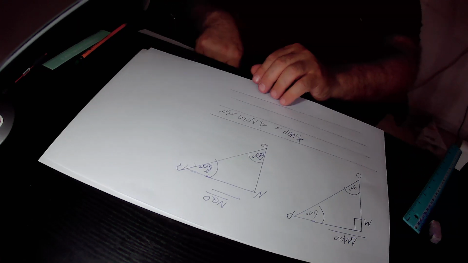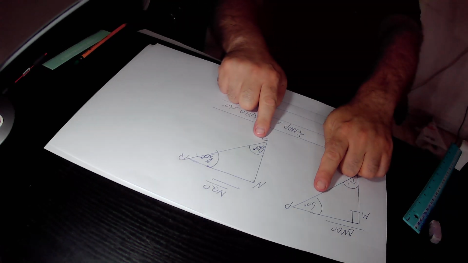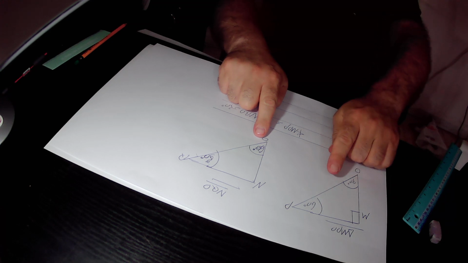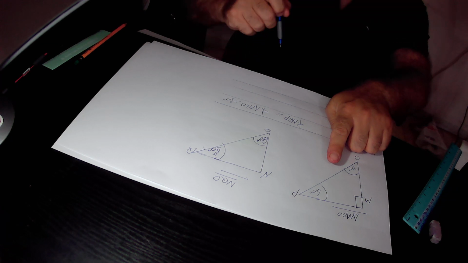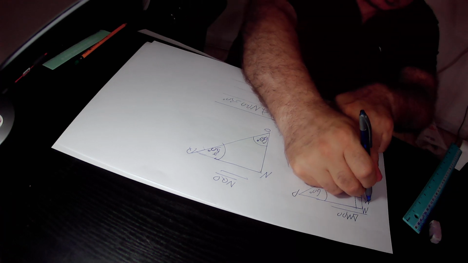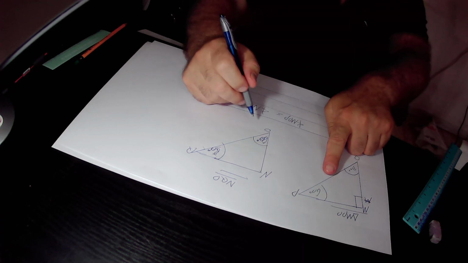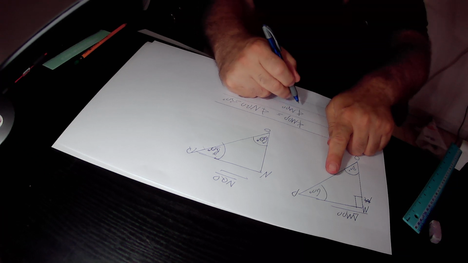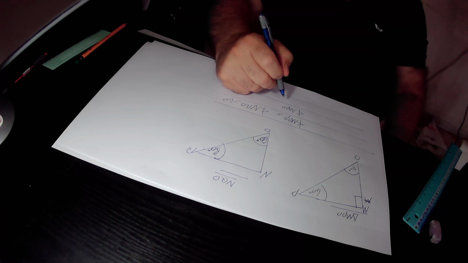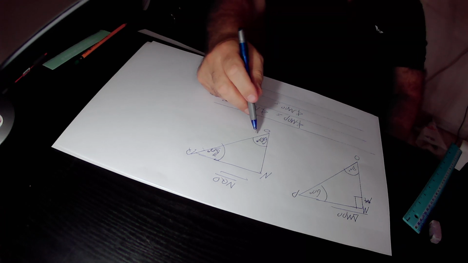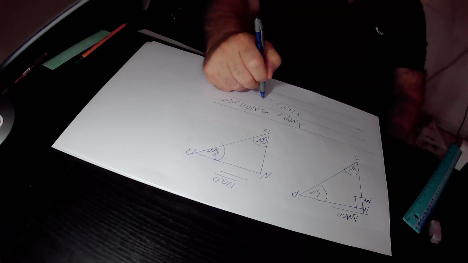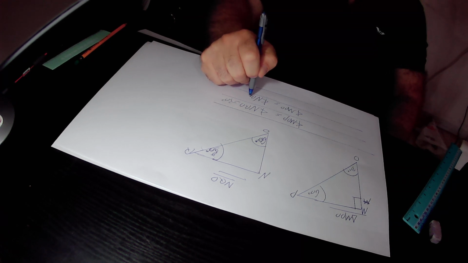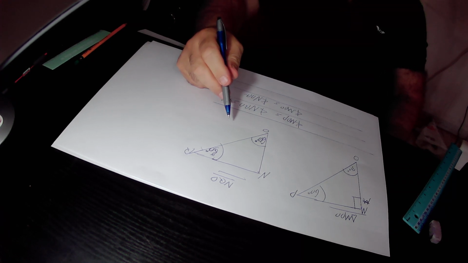In addition, those two angles are both equal to 60 degrees, therefore they are equal to each other. So this is angle MPO in the right triangle MPO, and it is equal to this angle, angle NOQ in the right triangle NQO.